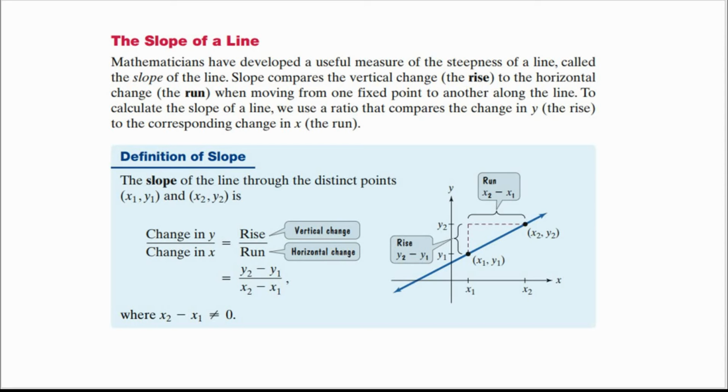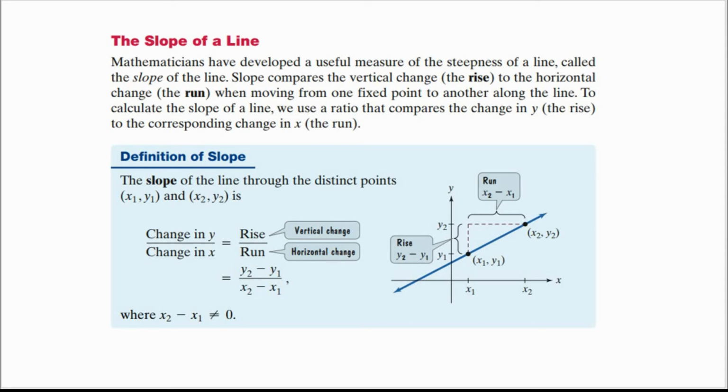Based on these 2 points, the slope is the ratio, that is the average, just the fraction of what's here noted as the rise, divided by the run. So the rise is with respect to the change in the y values. It's y sub 2 minus y sub 1.